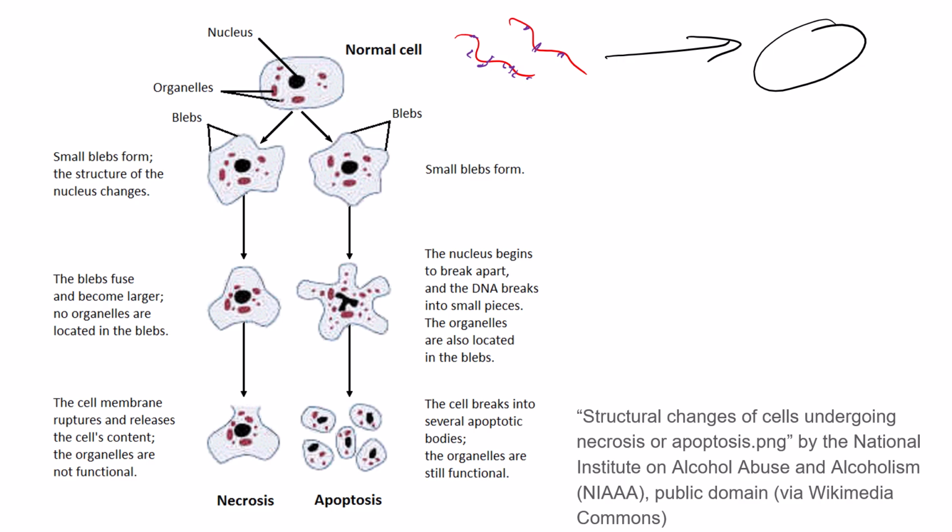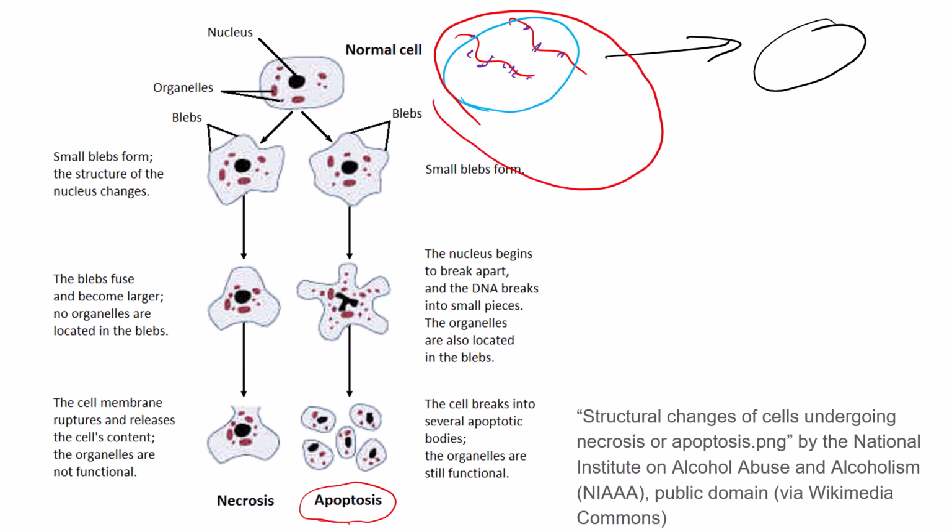Well, your body uses a process called apoptosis to protect against cancer. So when the cell recognizes that in the DNA, in the nucleus, there's lots of mistakes, I'll make that the nucleus, and then here's the cell.